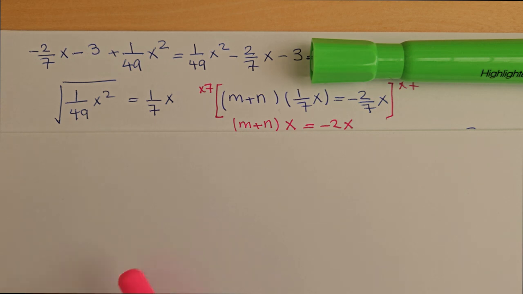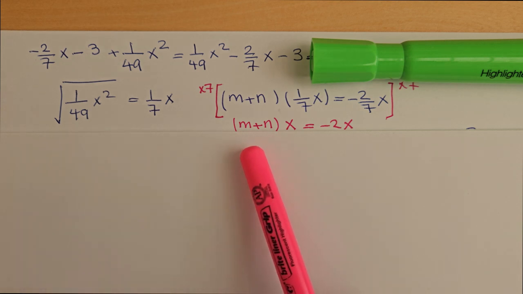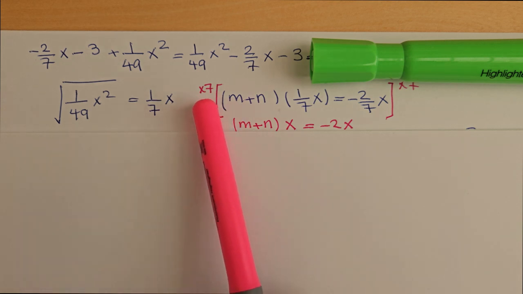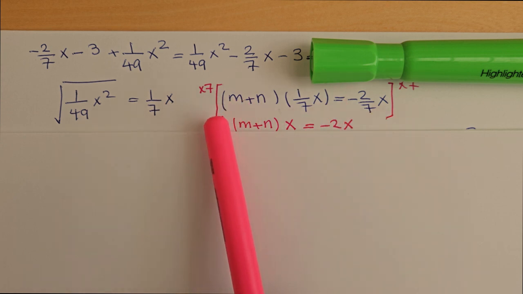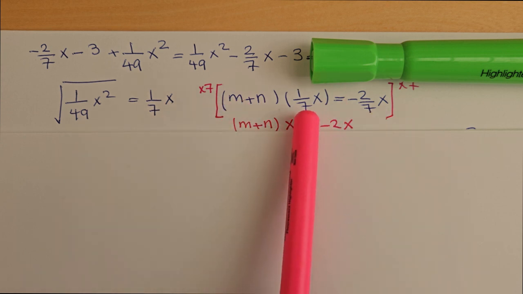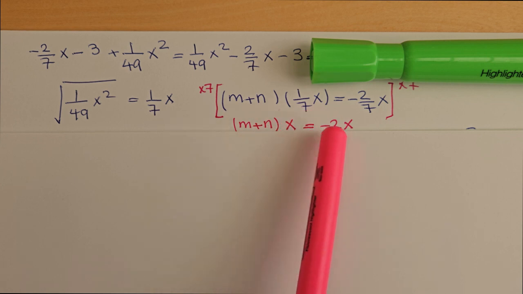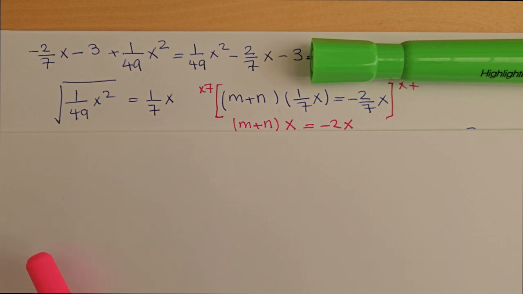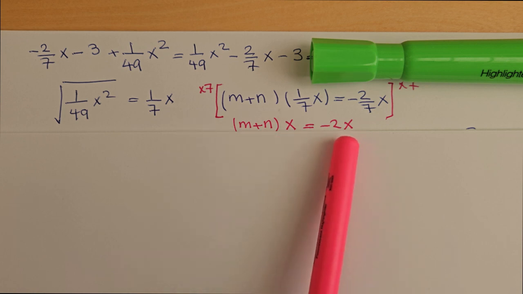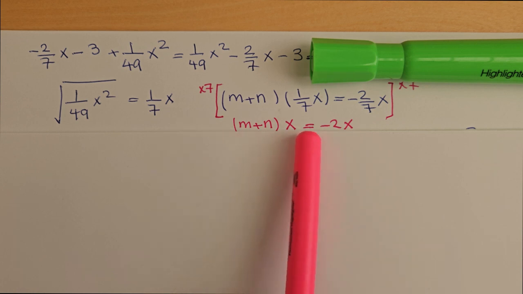At this point, we have to simplify, right? What I can do, I can multiply both sides by 7 to get rid of the 7 in the denominator, to get m plus n multiplied by x equal negative 2x. So I can do another simplification, divide both sides by x, and get m plus n equal negative 2.